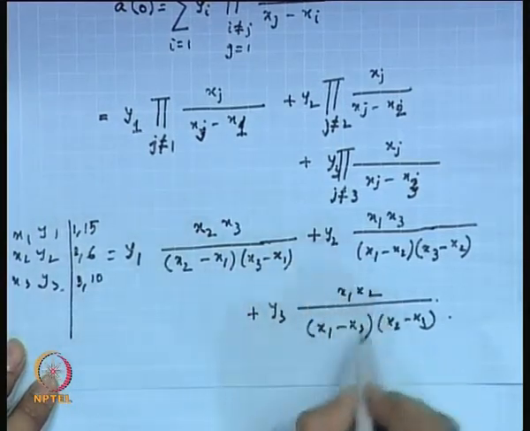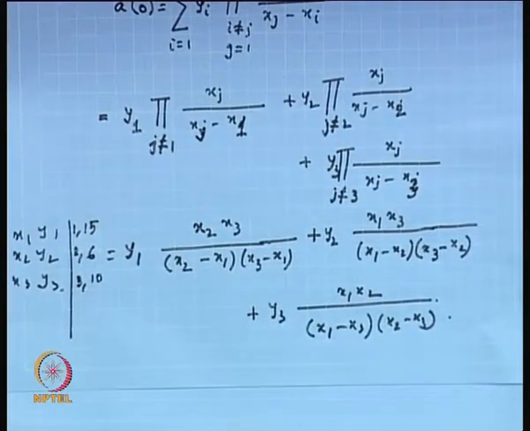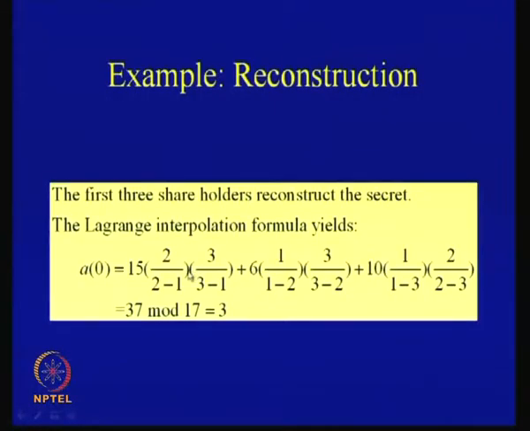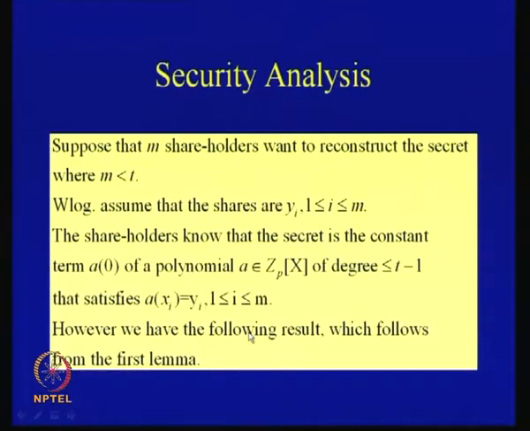So, if you plug in these values, then you get this value, that 15 into 2 by 2 minus 1 into 3 by 3 minus 1 plus so on, right. So, therefore, you can see immediately that A0 is indeed equal to 3, the 37 mod 17. So, that is equal to 3, right. All these computations are modulo 17, that is modulo p. So, therefore, you see that you indeed get the value of the polynomial as it is shown over here.